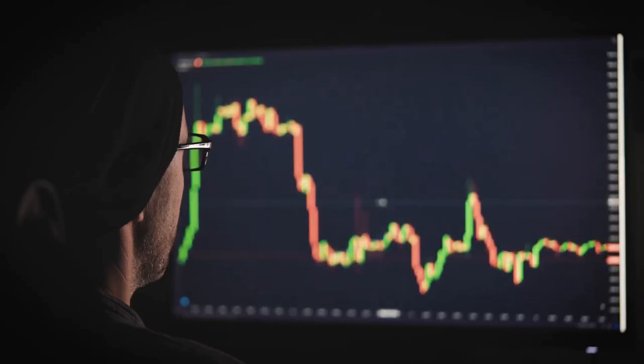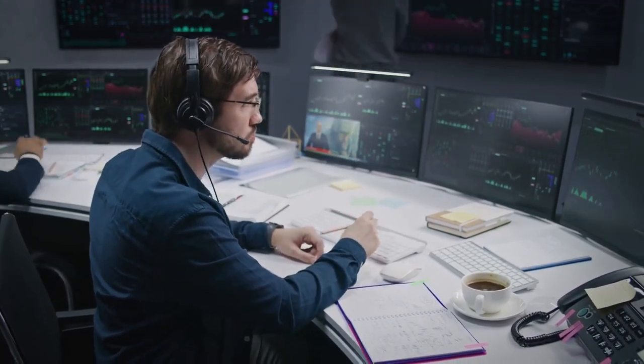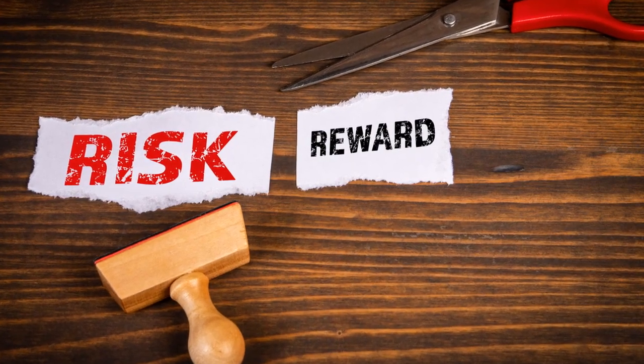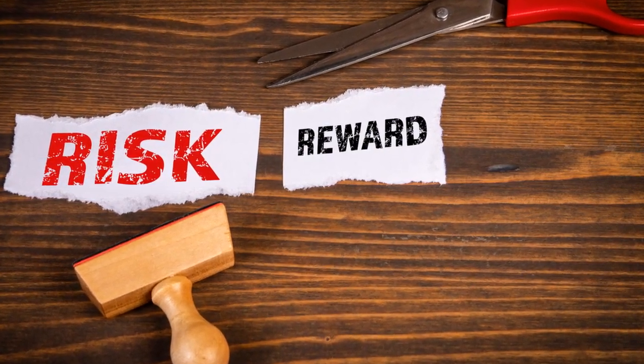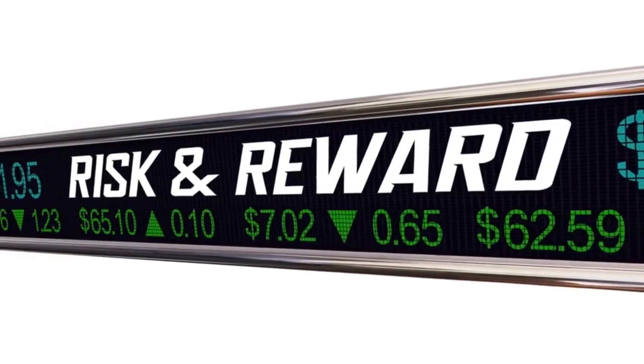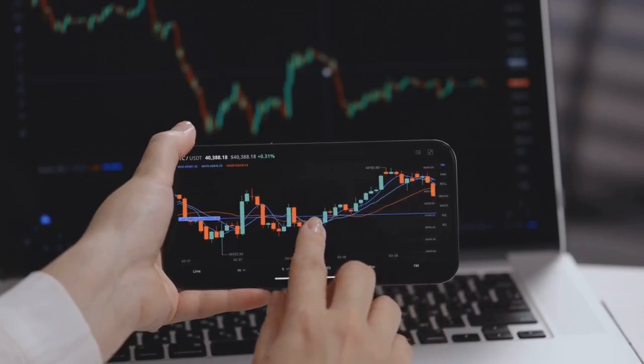The second big piece is risk to reward. Professional traders don't risk $10 to make $5. They prefer to risk $10 to make $20 or $30. This is called 1:2 risk reward: risk 1, target 2. 1:3 risk reward: risk 1, target 3. Even if you lose half of your trades, you can still be profitable with good RR.